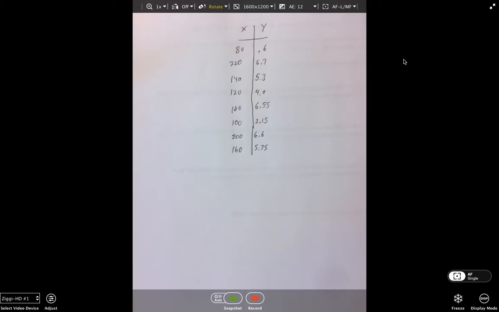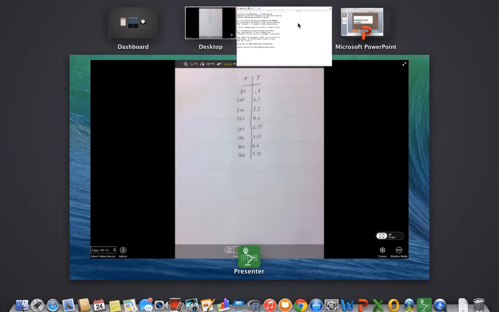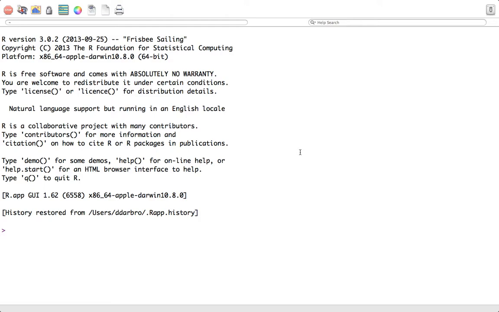Now, let me show you the way that a straightforward scatter plot examination via your eyeball test can get you into a little bit of problems. So let's come over to R, and we don't have an Excel file saved in CSV, so we can just enter our data using what I call the c function. So I have 80, 220, 140, 120, 180.